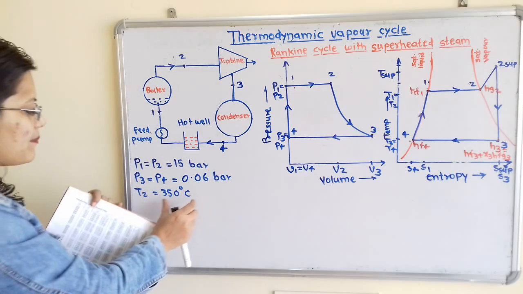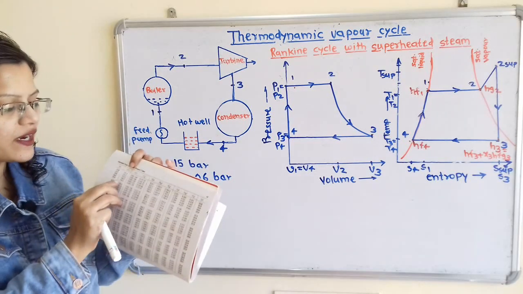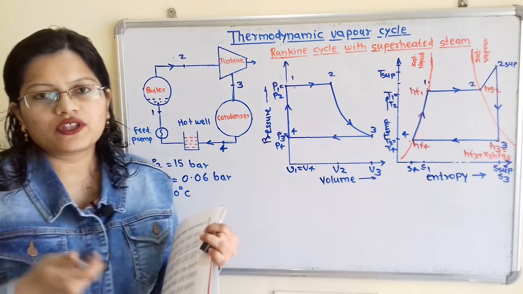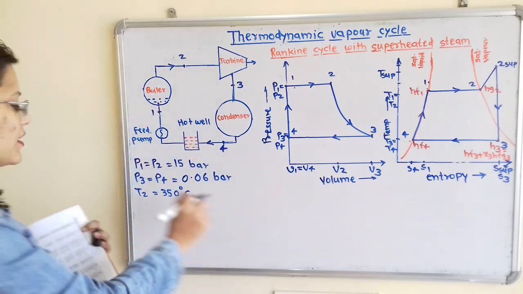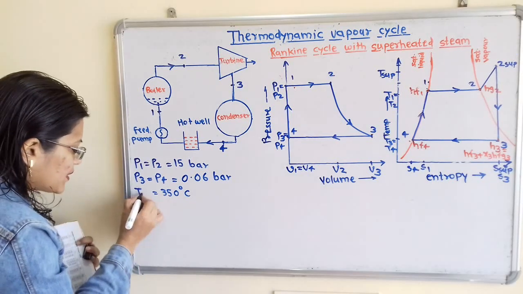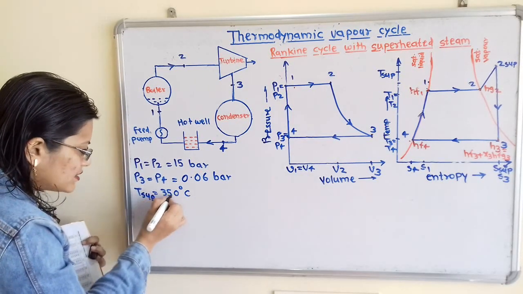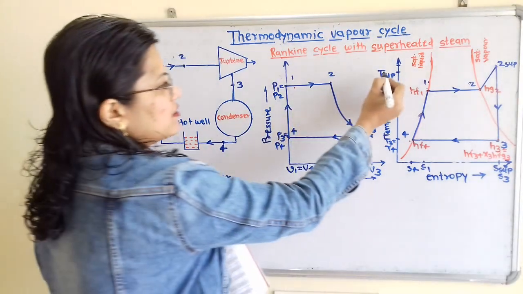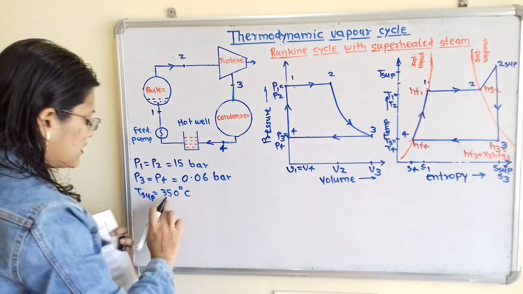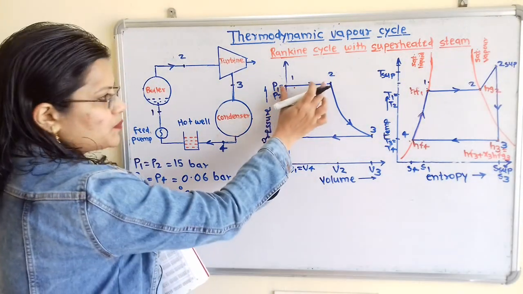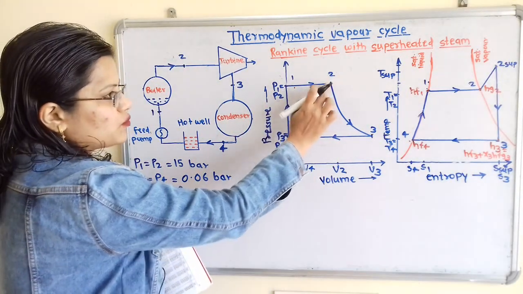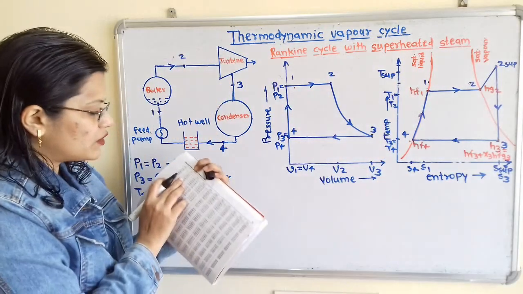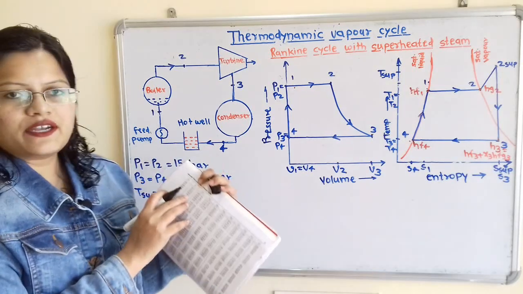So the given temperature is more than this 198.3. So we can say that this temperature is for superheated steam. Here T superheated is equal to 350 degrees Celsius, and the temperature at the corresponding pressure, that is P1 is equal to P2, that is temperature T1 is equal to T2, which is equal to 198.3.